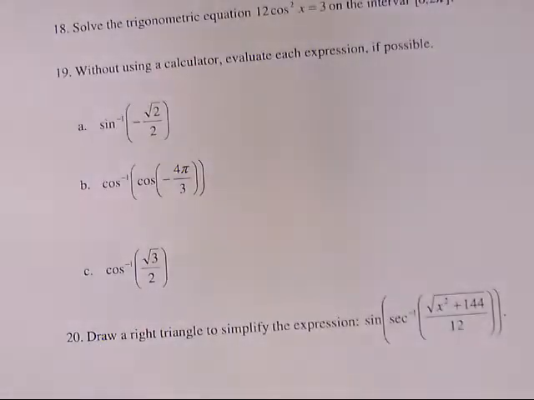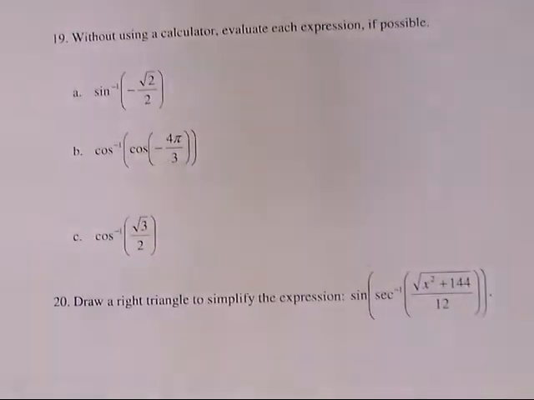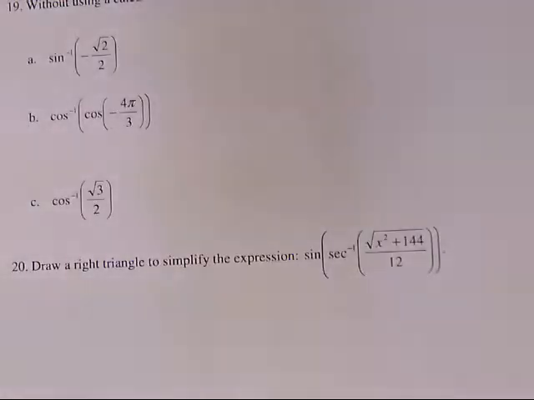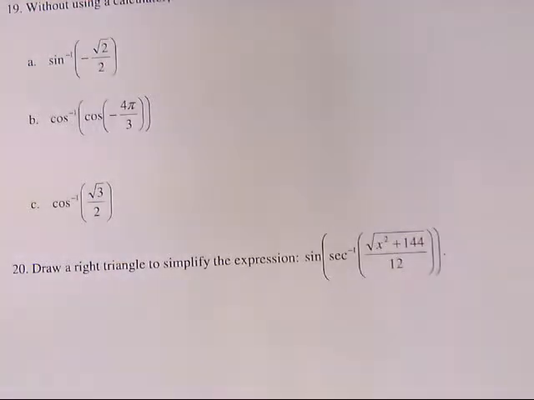Okay, so that's going to be problem number 19. And finally, problem number 20: draw a right triangle to simplify the expression sine of the inverse secant of the square root of x squared plus 144 over 12.